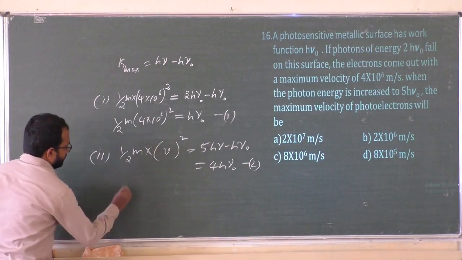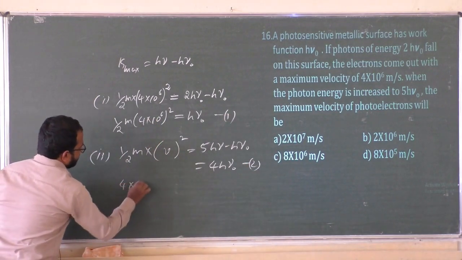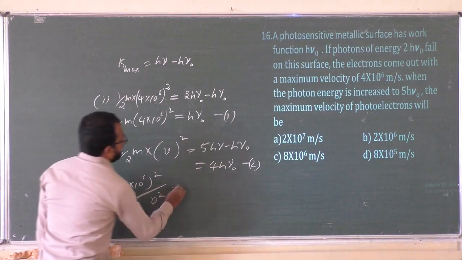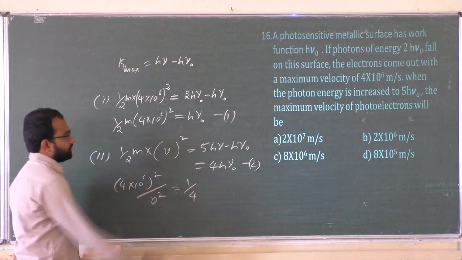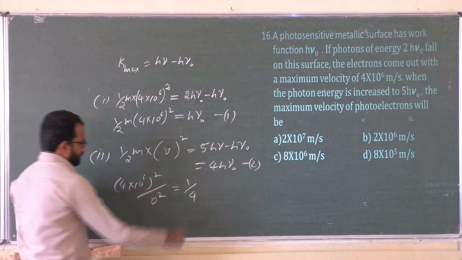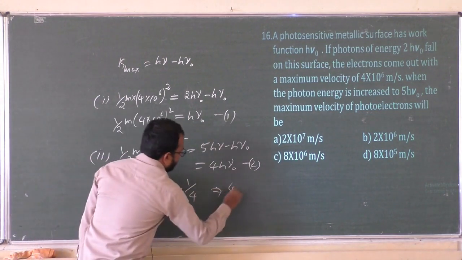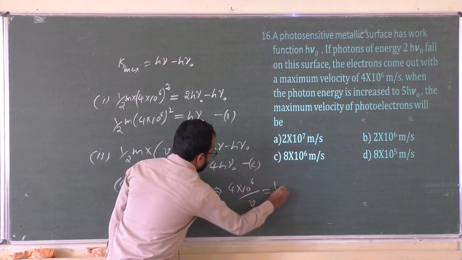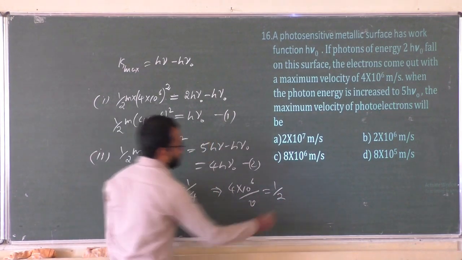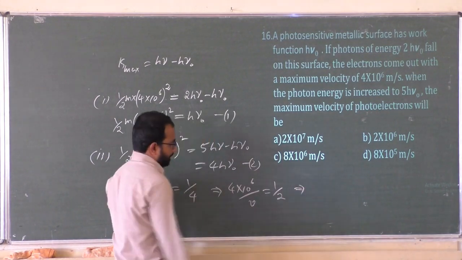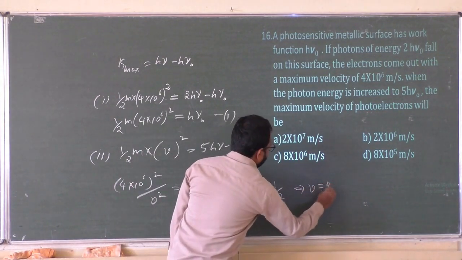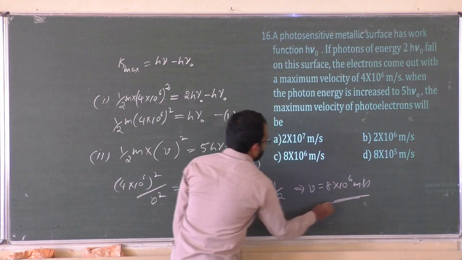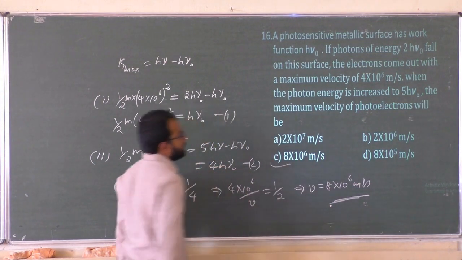So (4 × 10⁶) whole square by v square is equal to 1 by 4. h nu naught gets cancelled. Taking the square root, 4 × 10⁶ by v is equal to 1 by 2. That implies v is equal to 8 × 10⁶ meter per second. So the option is C.